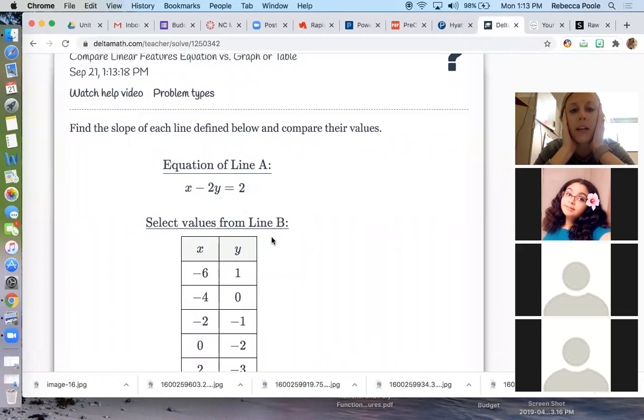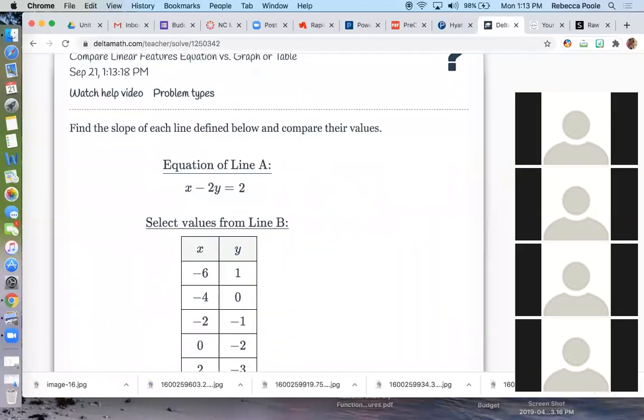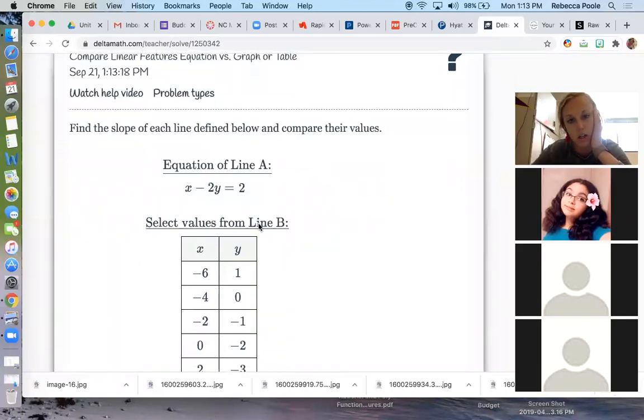Find the slope of each line and compare their values. Some of your classmates, and it might be some of y'all too, I don't remember, did not show work for this question. So I am genuinely asking, who knows off the top of their head what the slope of that equation is? I can do it in my head, but I prefer to do it on paper.